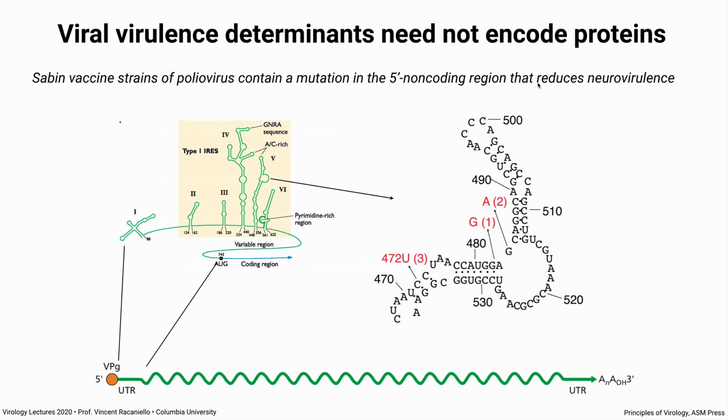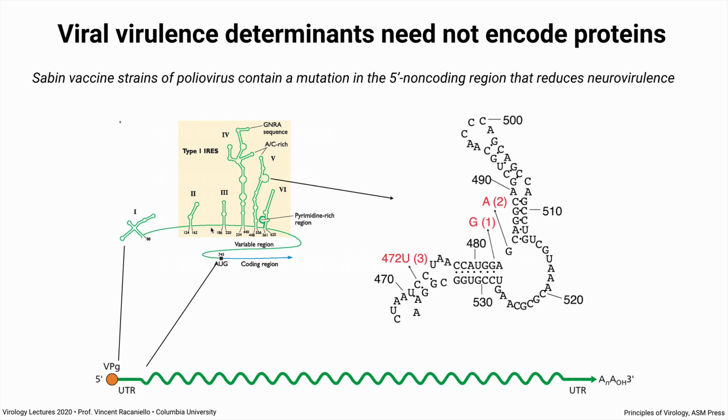animal models. So here's the poliovirus genome, 7.5 kilobase plus stranded RNA with a 5' untranslated region, and that region's expanded here at the left. It's highly structured, as we've discussed previously, and it contains an internal ribosome entry site.